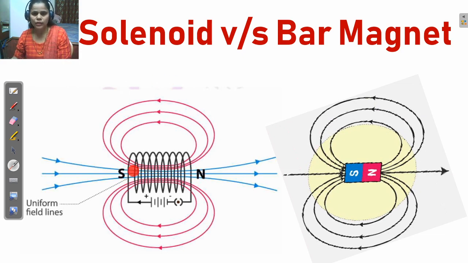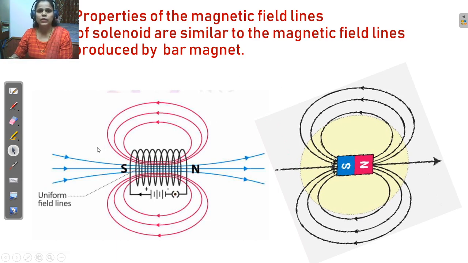So all the configuration and orientation of the magnetic field lines in the solenoid are similar to the magnetic field lines of the bar magnet. The properties of the magnetic field lines of the solenoid are the same as the magnetic field lines of the bar magnet.